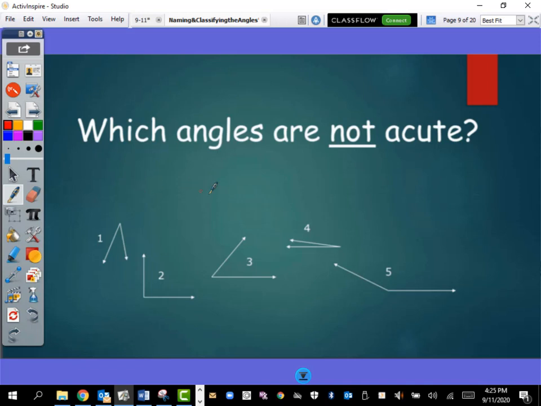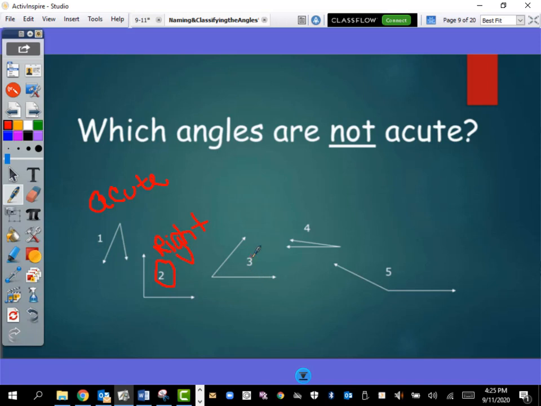Next, which angles are not acute? Is it 1, 2, 3, 4, or 5? Number 1, it is an acute. So I'm going to write acute. Excuse my writing. Number 2, this one is a right angle. So this one is not an acute. So we circle this one. What about number 3?